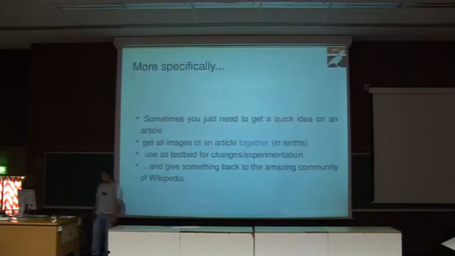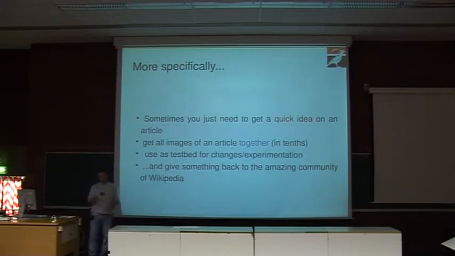And more specifically, as I said, sometimes you need to get a quick idea, even if this quick idea is to get all the images of an article in one screen. Use it as a testbed for experimenting, because as I'll show you in a few minutes with some screenshots, indywiki breaks Wikipedia information into its basic blocks, which is images, titles of paragraphs, links, backlinks.